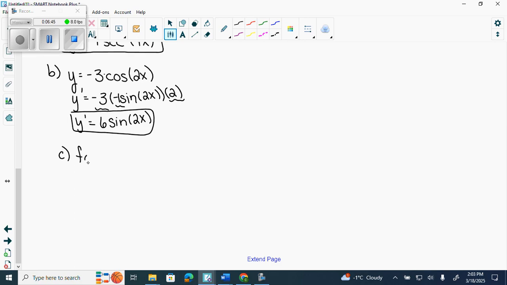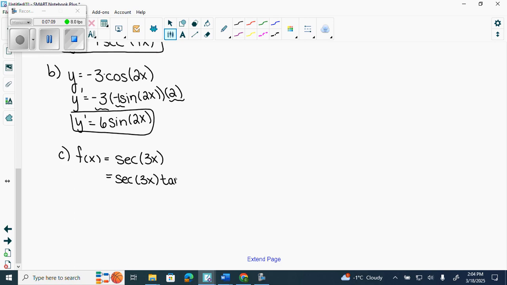All right. What if I give you this? f of x equals secant 3x. What's the derivative of secant? Secant x tan x. So I'm going to get secant 3x tan 3x.